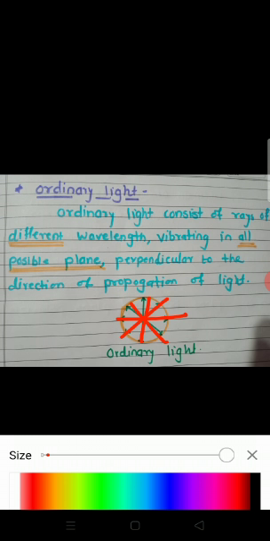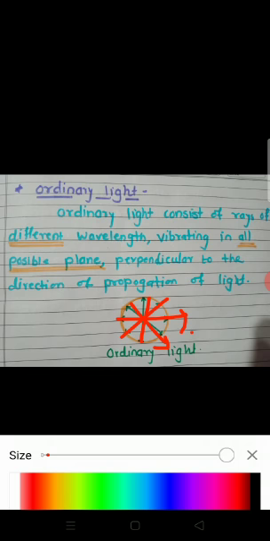This is the direction of propagation of light. This is the ordinary light. Ordinary light means the light which consists of different wavelength vibrating in all possible plane and perpendicular to the direction of propagation of light.